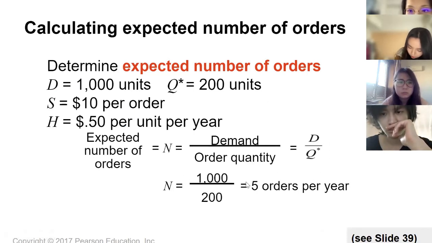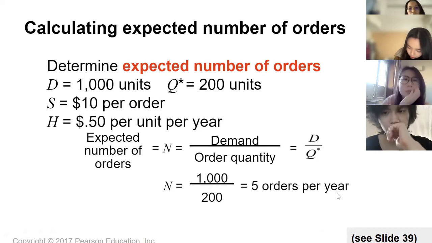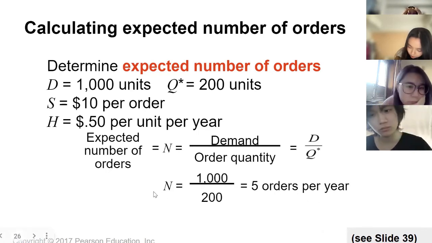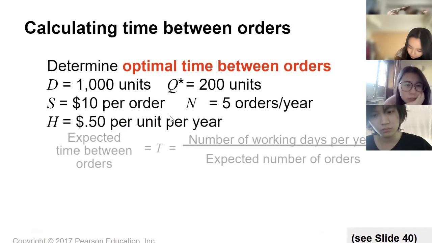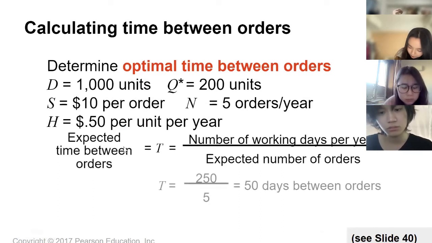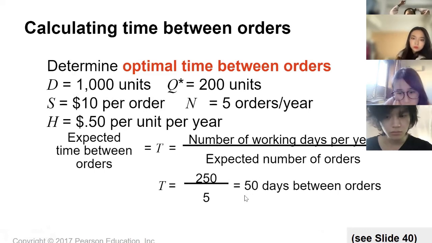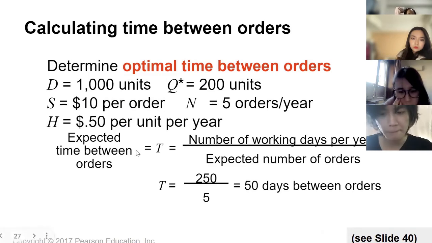If your demand is 1,000 and every order is 200 units, then you order only 5 times, so 5 orders per year. You can also calculate the time between orders. The number of working days per year must be known, and the expected time between orders is 50 days.